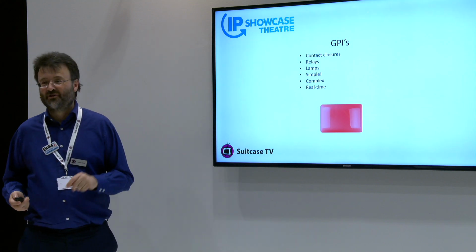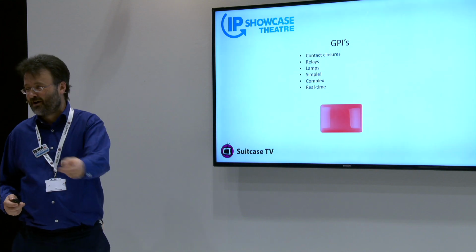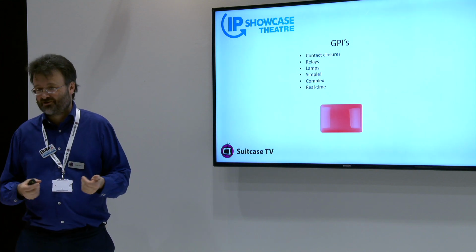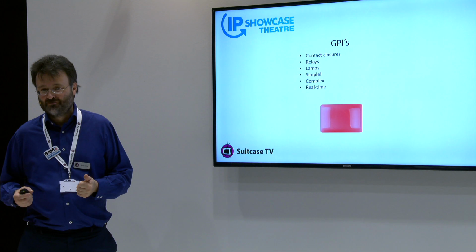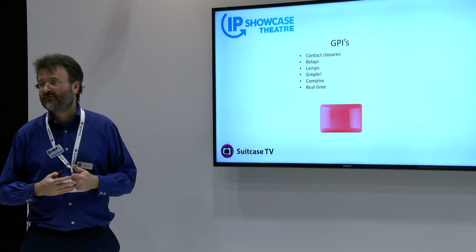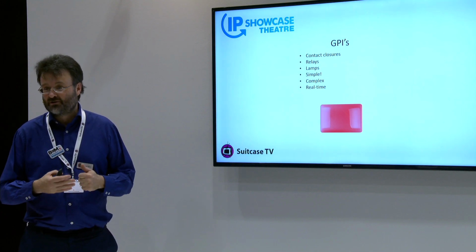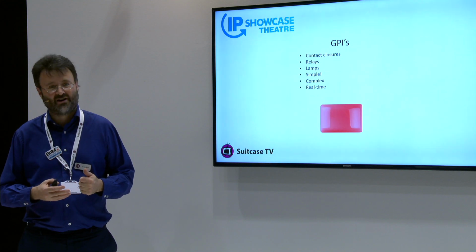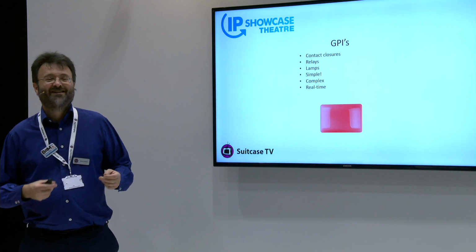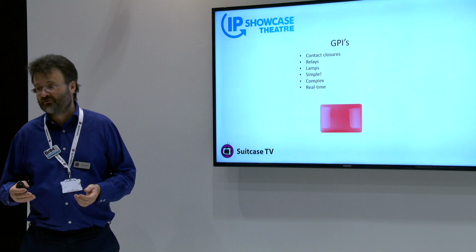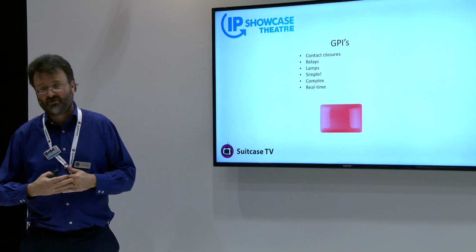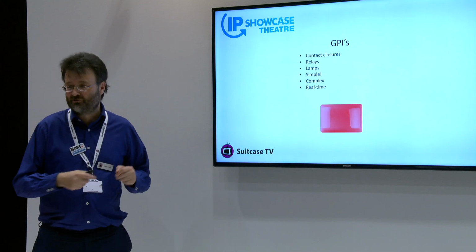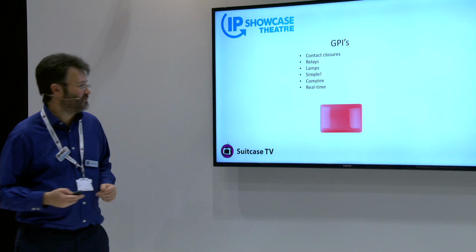It's real time. When I press this button, I want this to come on. Now that's true in an analog GPI world, but it might not be true when we have delays going through the system. I need to be able to put some timing around this to make sure that I know where I am. And I'm afraid PTP will occur later in this conversation.